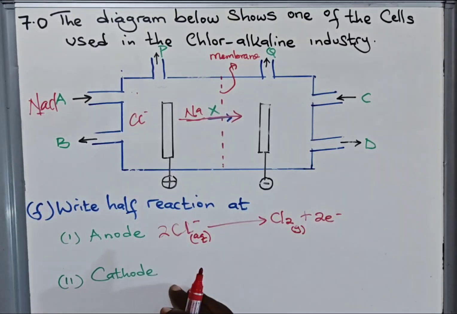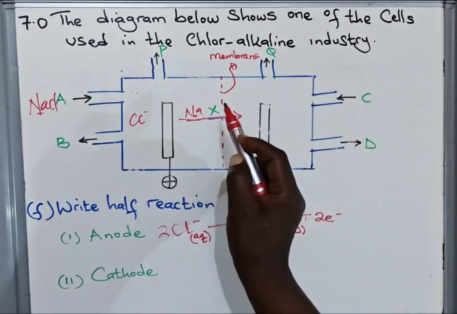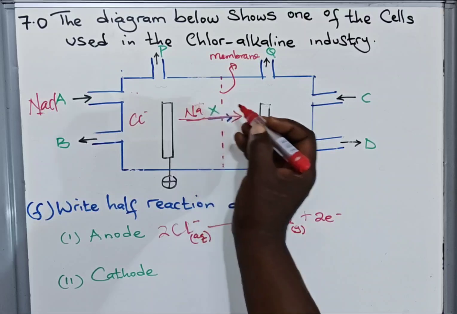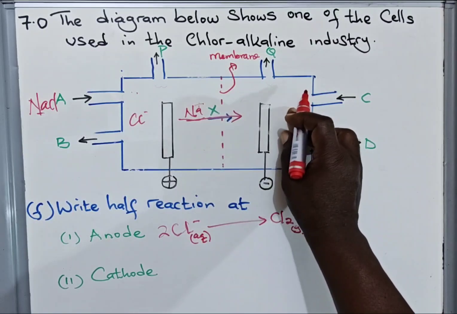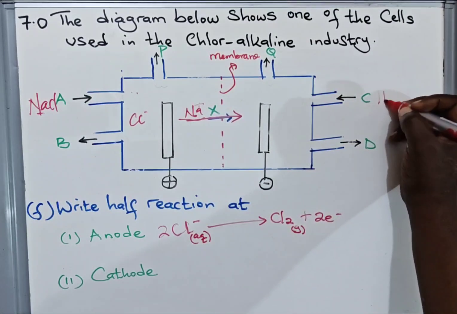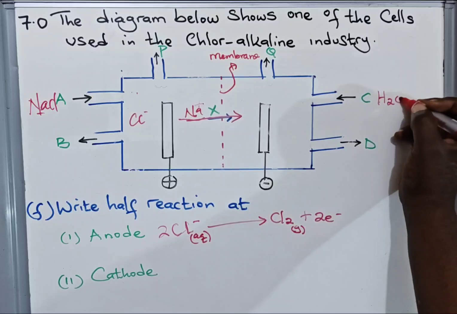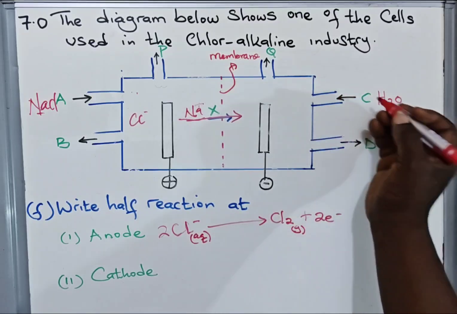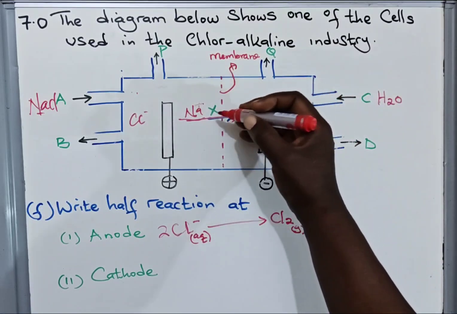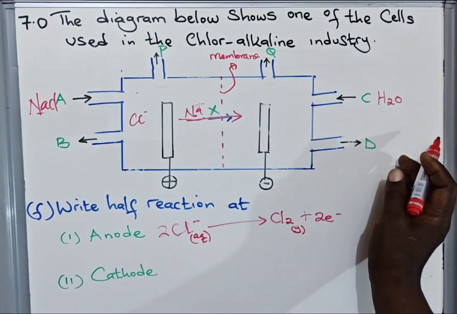So now they want the half reaction taking place at the cathode. So what do we see? We are seeing that sodium ions are going to the cathode. But we are also seeing water entering the cathode. So what happens to water? Water is preferentially reduced.